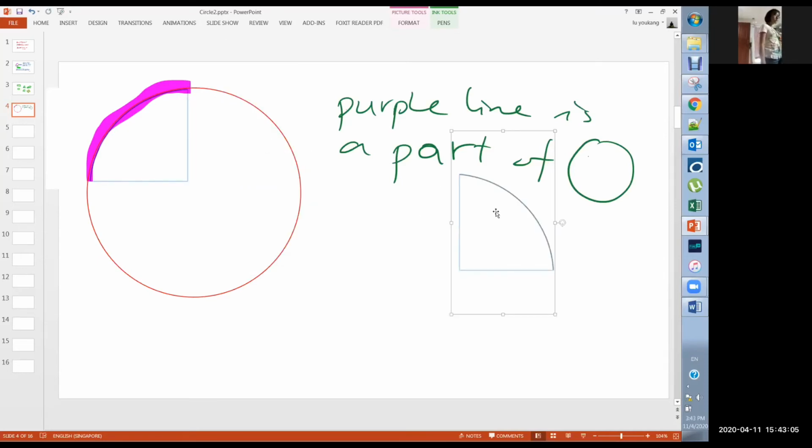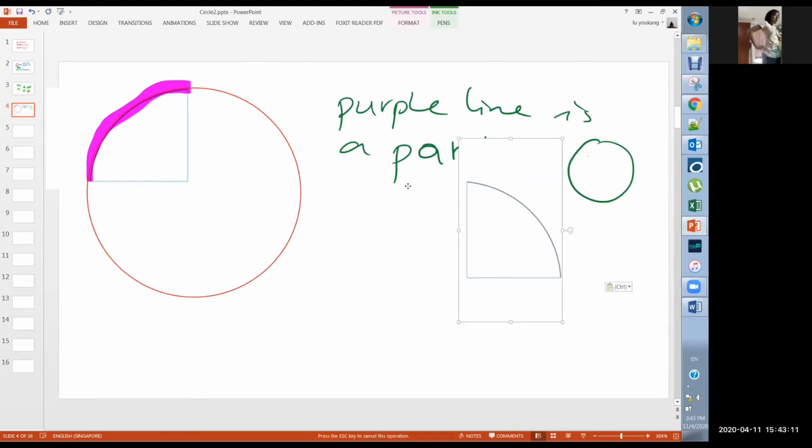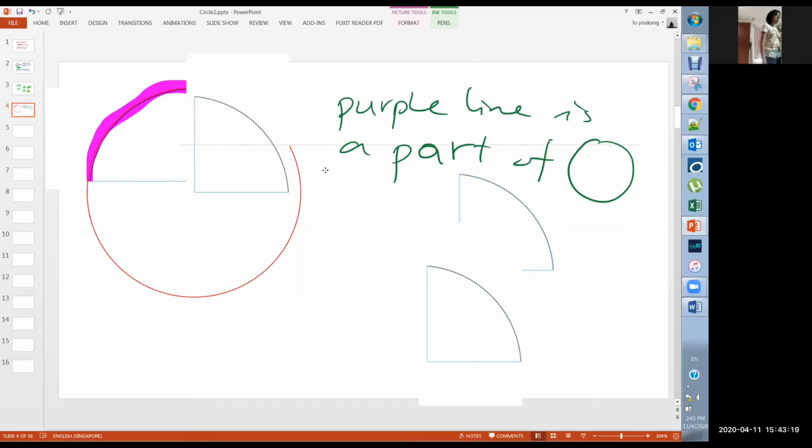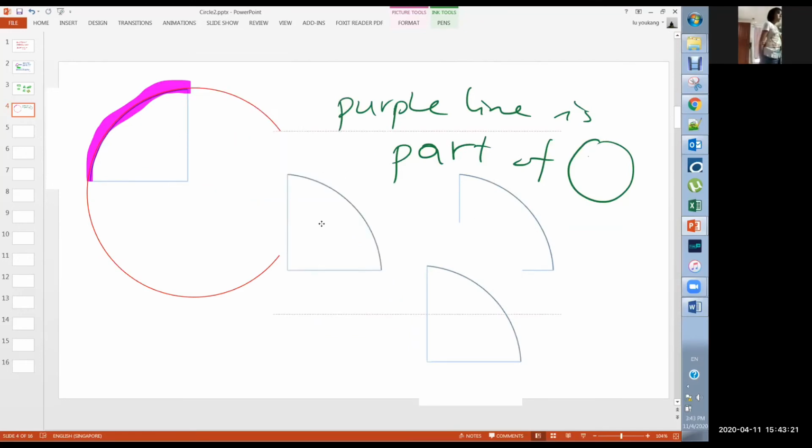I want to get one more out. So I get another one out. So in total I have how many? 1, 2, 3, 4. 4, right?